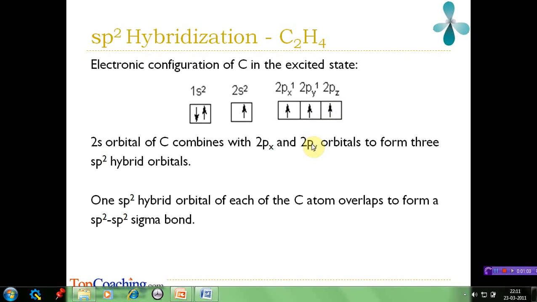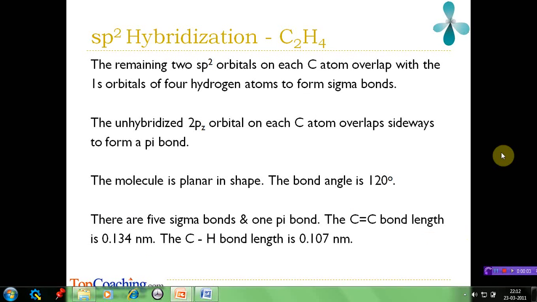So two such carbon atoms then come together and one sp2 hybrid orbital of each of the carbon atom overlaps to form a sp2-sp2 sigma bond. And the remaining two sp2 orbitals on each carbon atom overlap with the 1s orbitals of four hydrogen atoms to form sigma bonds which are between carbon and hydrogen.